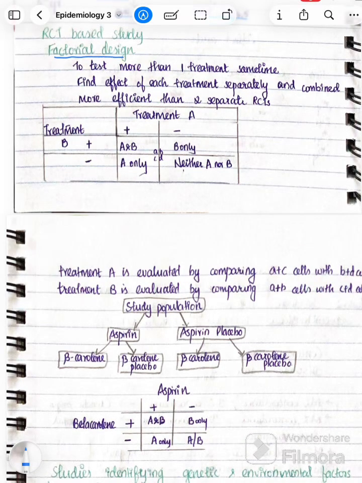Factorial design. It's a randomized controlled trial based study. In an RCT, we can study only one intervention. Here we can give multiple interventions and study them at the same time. So we find the effect of each treatment separately and combined.